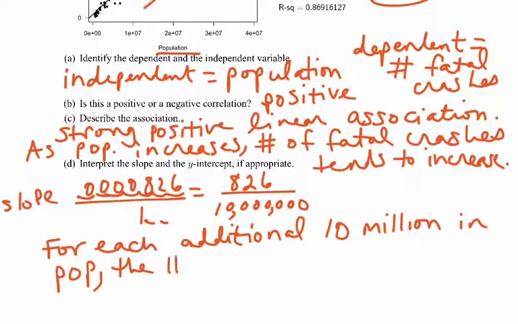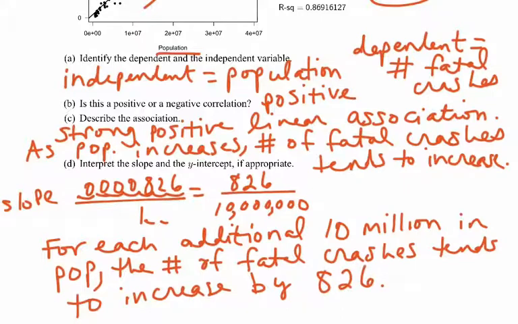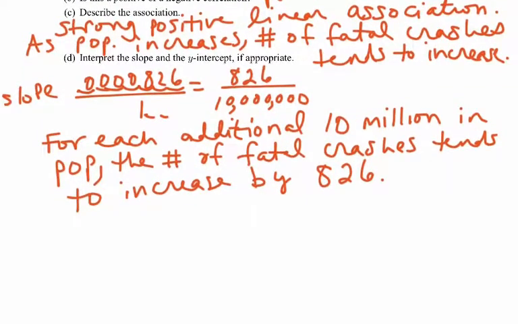The number of fatal crashes tends to go up because it's positive, and how much does it tend to increase? By about 826 crashes. So for every increase in 10 million people in the population, the number of fatal crashes for the state tends to go up by about 826.